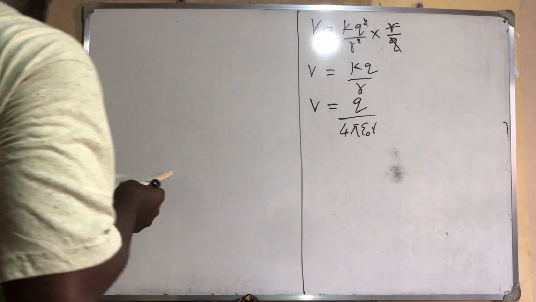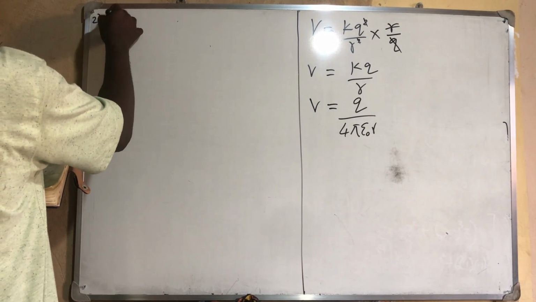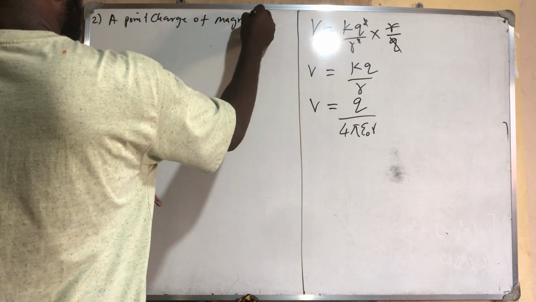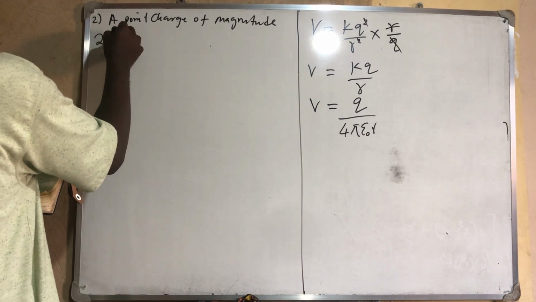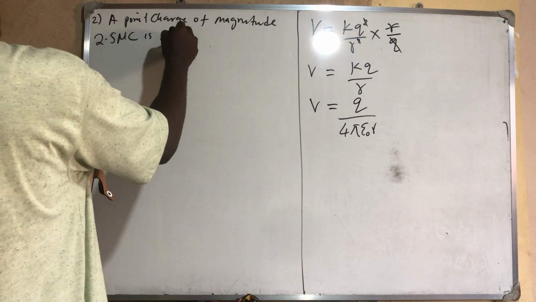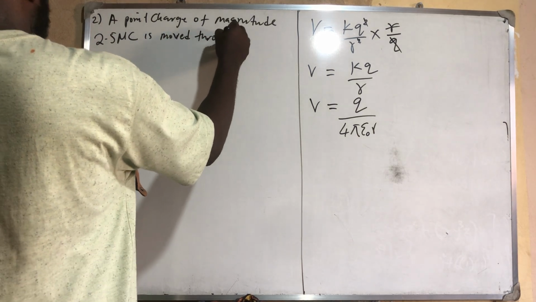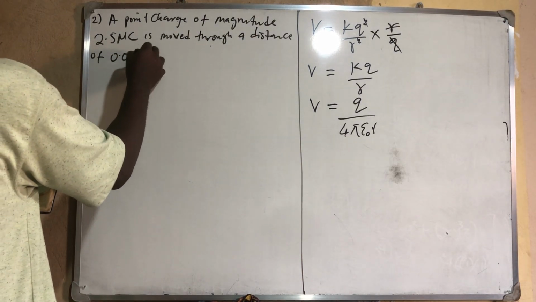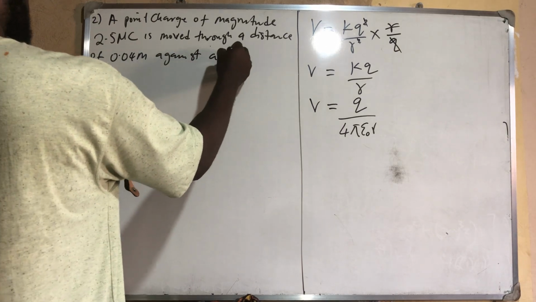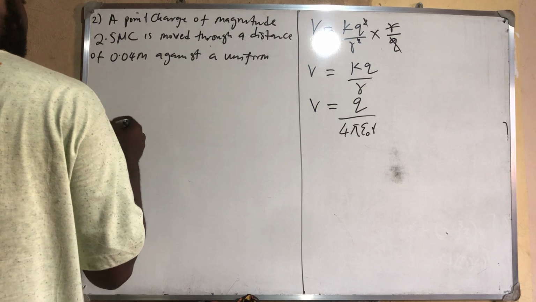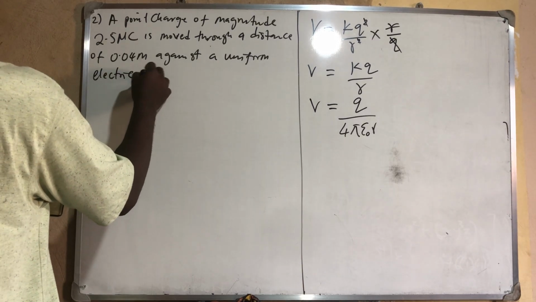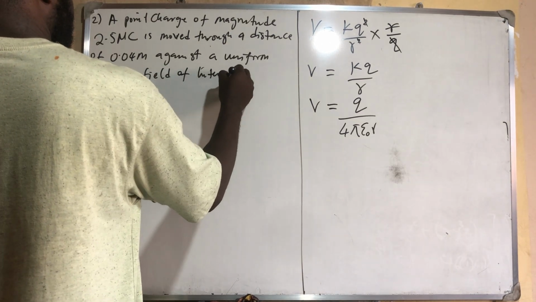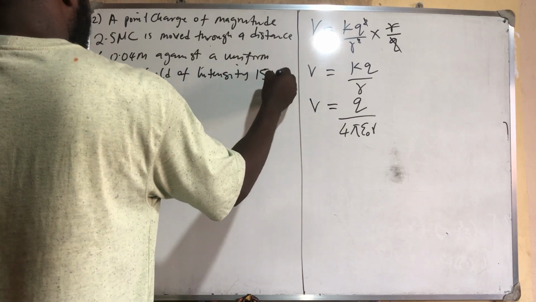Question number 2 said a point charge of magnitude 2.5 μ coulomb is moved through a distance of 0.04 meters against a uniform electric field of intensity 15 volts per meter.